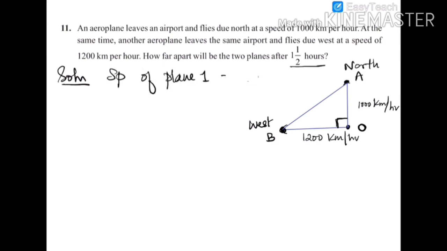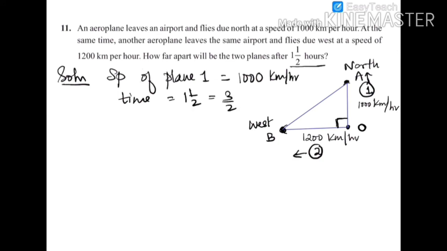So speed of plane 1 is given as 1000 kilometers per hour. This is our first plane and this is the second plane. And the time taken is 1.5 hours, which is 3/2 hours.